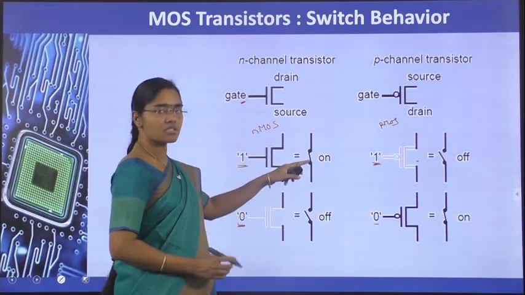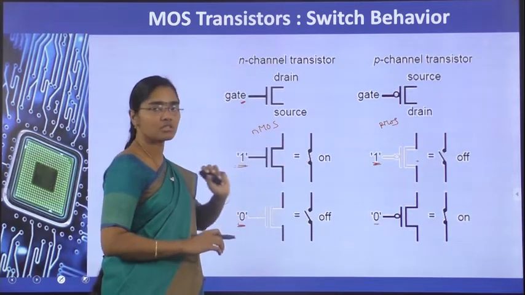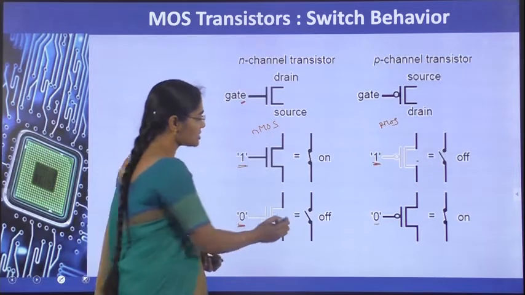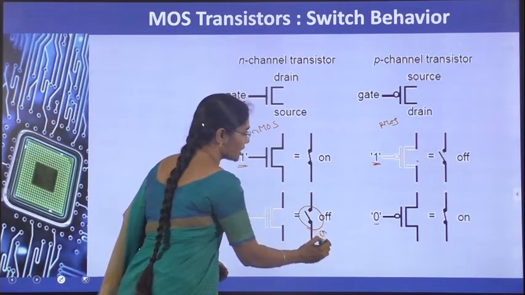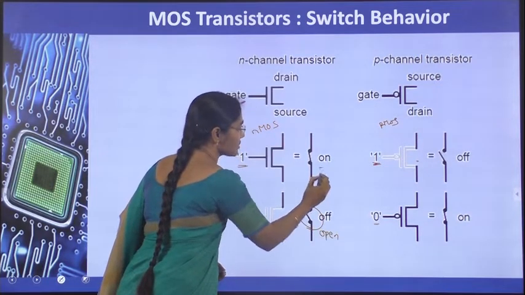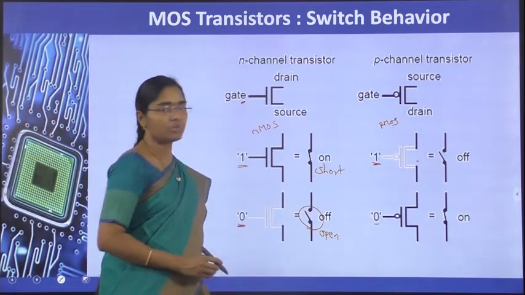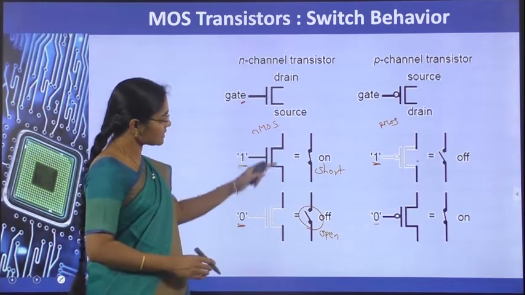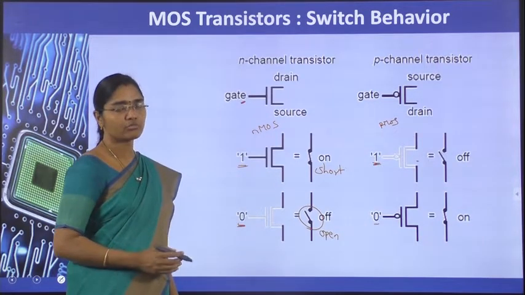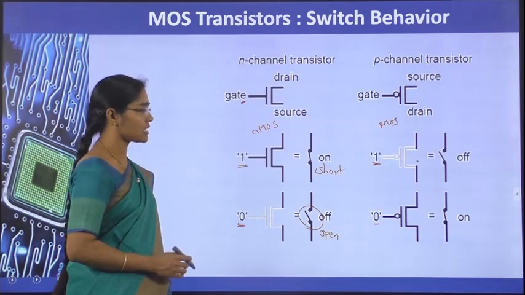So on means low resistance, off means high resistance. High resistance is represented as an open connection and low resistance as a short connection in both NMOS and PMOS transistors. Let's see this switch behavior in detail for the NMOS and PMOS transistors.